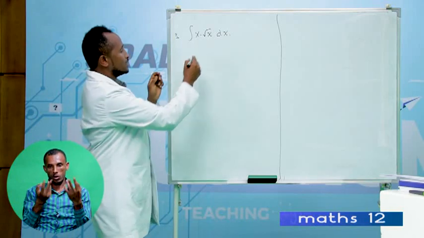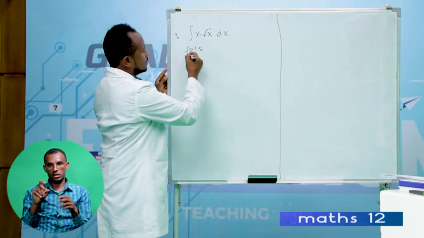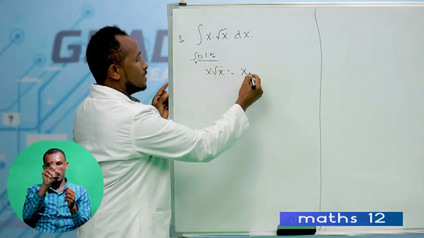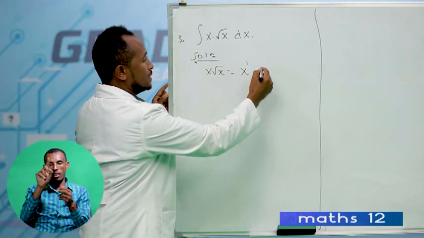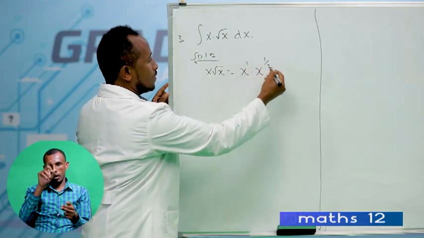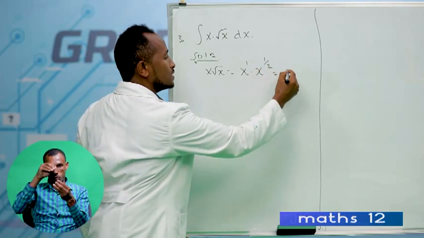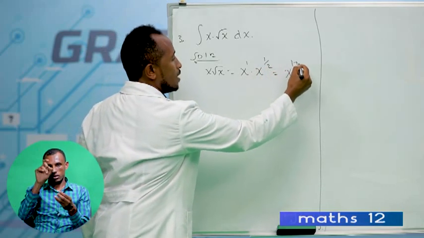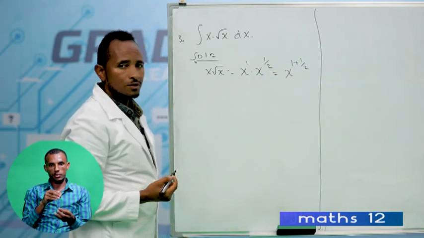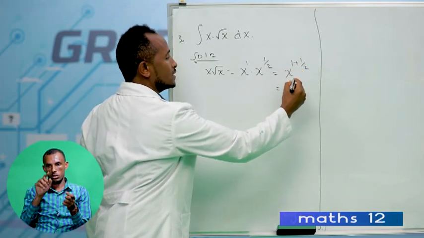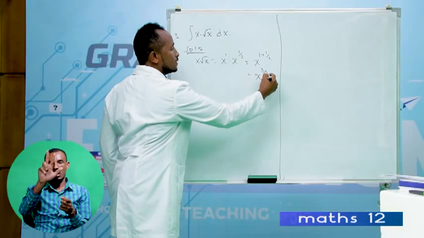For x root x, this means it is x to the power of 1 times x to the power of 1 over 2. Therefore, the product of these two is x to the power of 1 plus 1 over 2, so when you add these two you get 3 over 2.